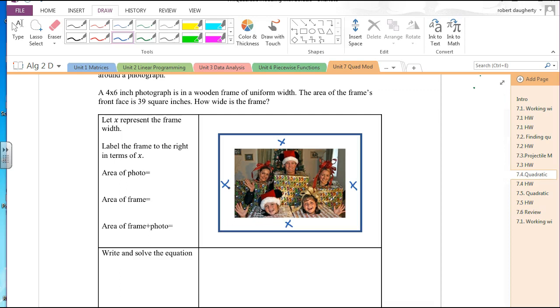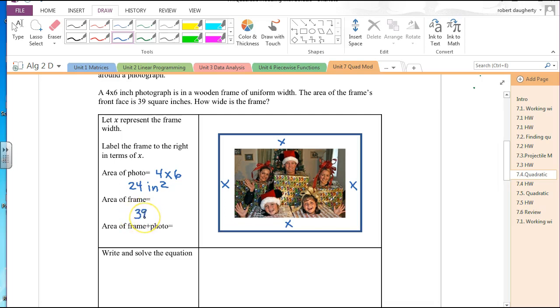Now, how do I find the area of the photograph? It's going to be, this is a 4 by 6 photograph, right? So that's going to be 24 square inches. So that's the area of the photograph. What's the area of the frame? How about 39?